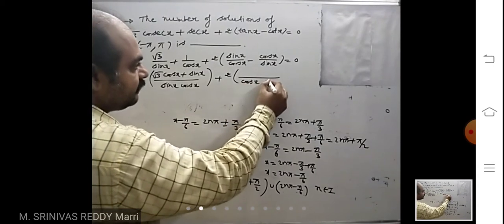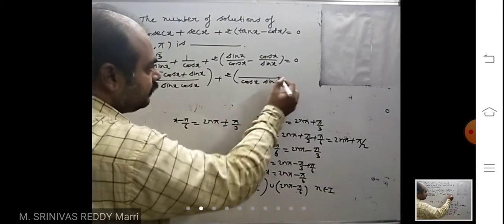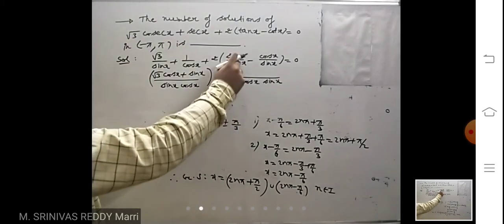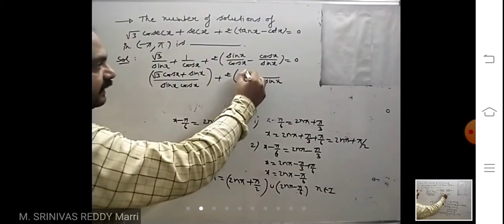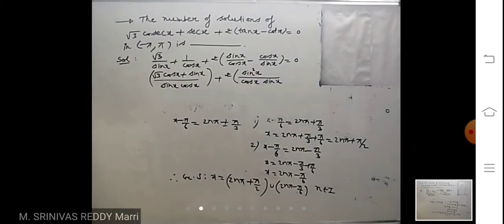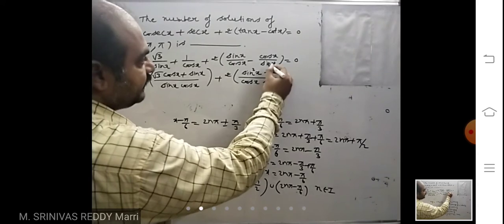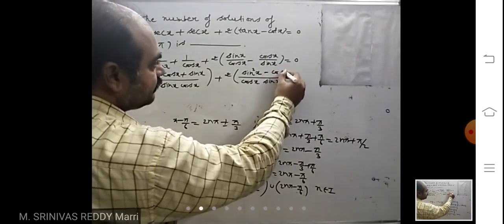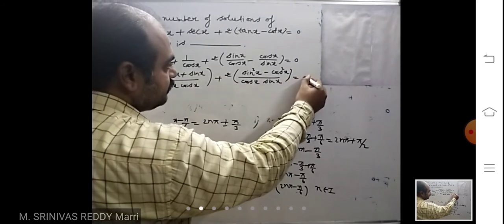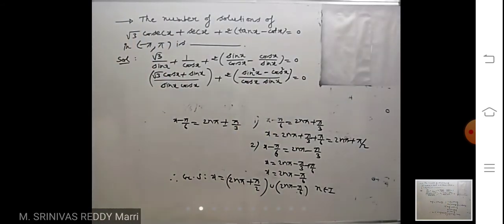Follow carefully. So now cos x is there here, multiply sin x, that means here you will get sin square x minus, here you will get cos square x equal to 0.